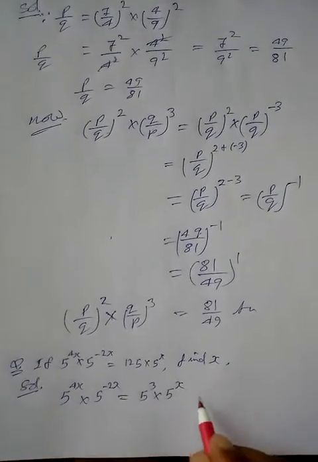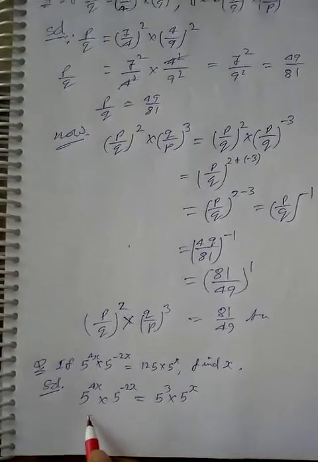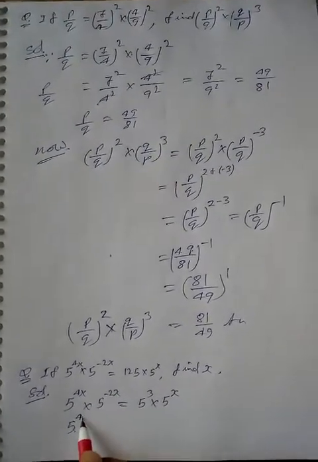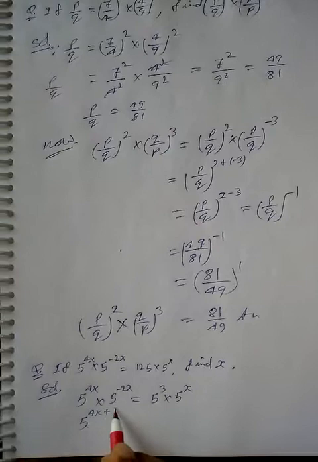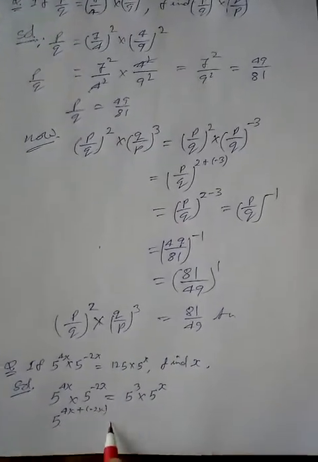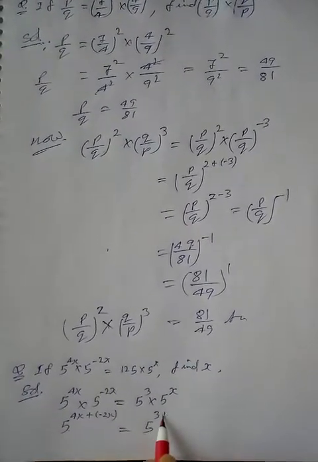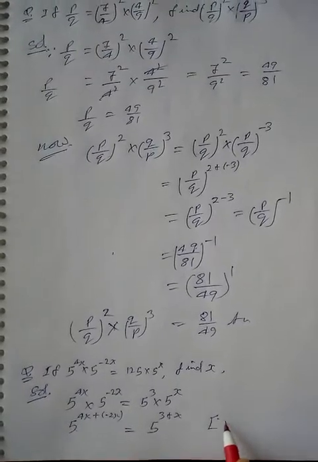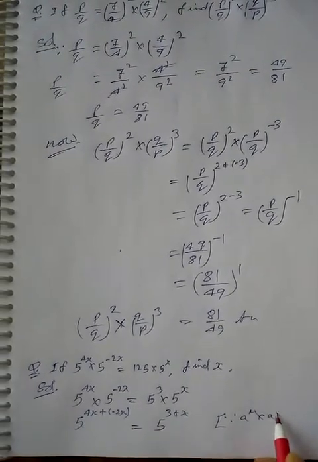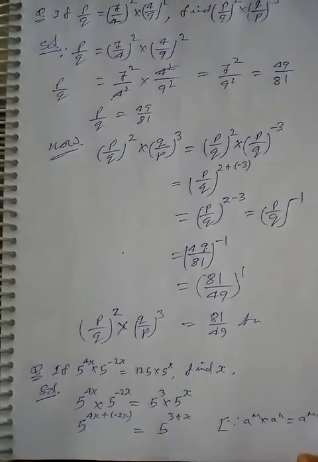So since bases are same and multiplied, their exponents will be added. Here too, 3 plus x. We write the property since a raised to power m into a raised to power n is equal to a raised to power m plus n.